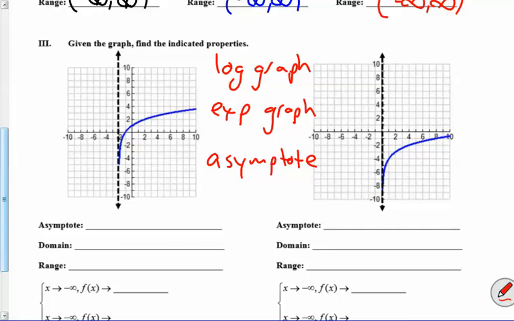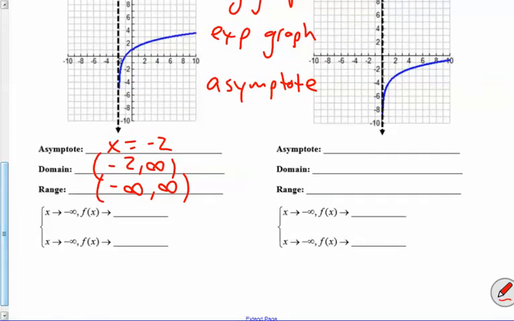Okay? So, for this first one, you can see that the asymptote is at x equals negative 2, which means my domain is negative 2 to infinity, and my range is negative infinity to positive infinity. So again, the graph cannot approach negative infinity because it stops. It won't ever cross that asymptote. It can't. There's no value for y you can plug in to get a value for x less than that.